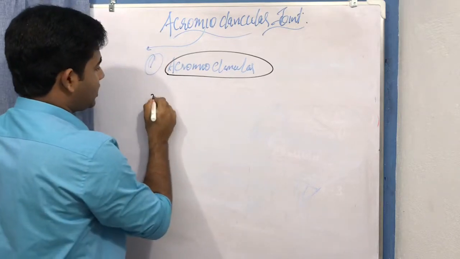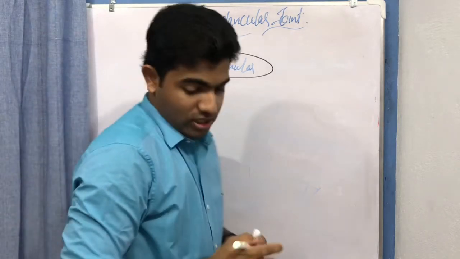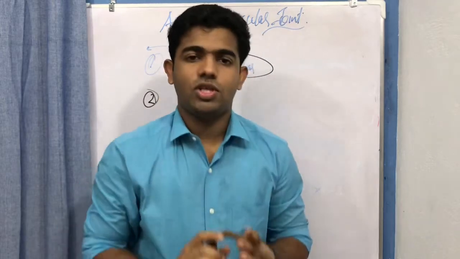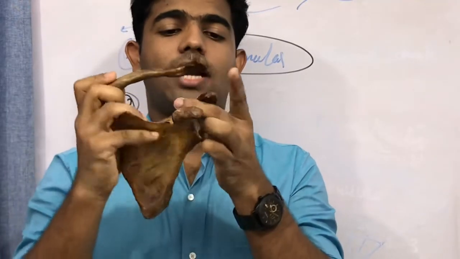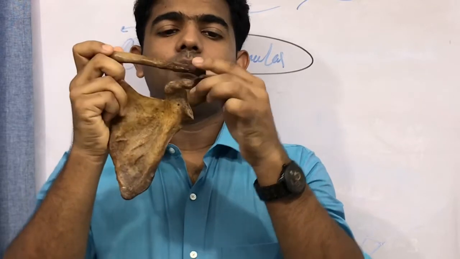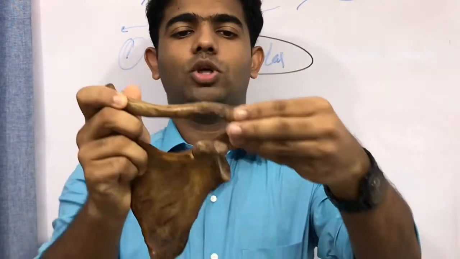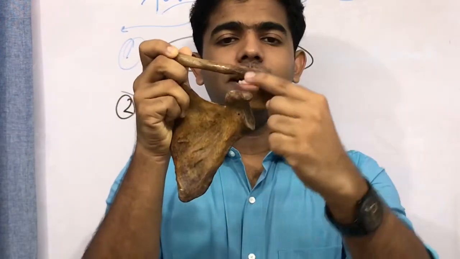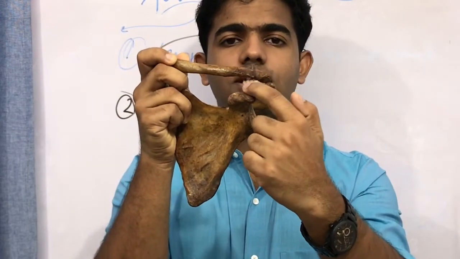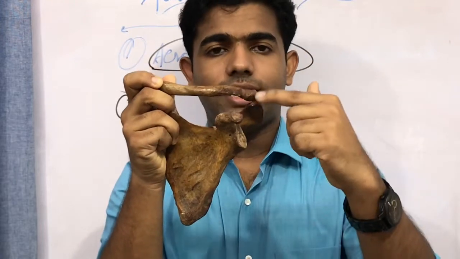And what is the second ligament? What are the structures involved in this joint? This is the lateral end of the clavicle articulating with the acromion. When both of these are connected together, you get the acromioclavicular ligament. But there is an additional structure, the coracoid process, which is not directly articulating at this joint.